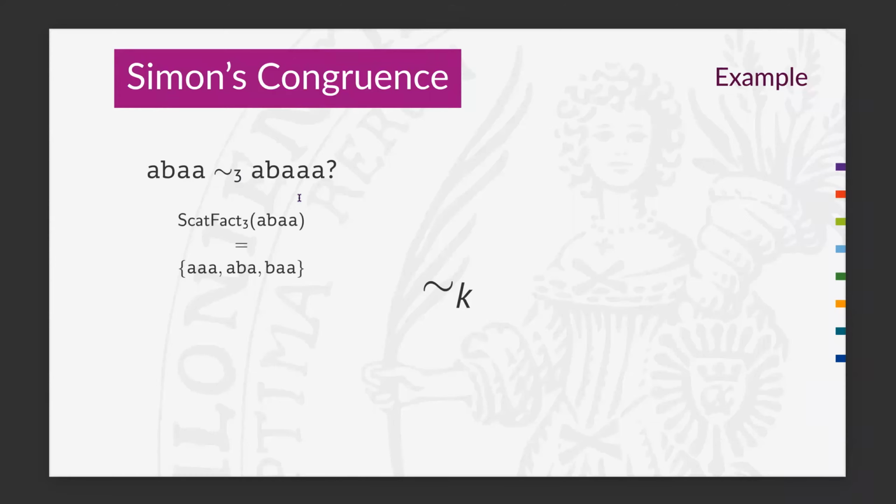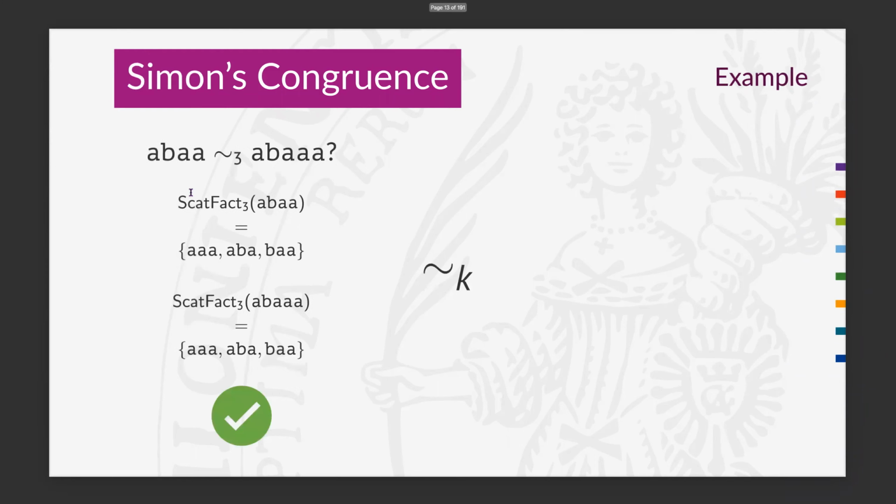We have the scattered factors AAA, ABA, and BAA in the left word, and we have them also in the right word. The scattered factors of length 2 in both are AB, BA, and AA. No BB in both, it's fine. And since they have the same letters, this is okay. And so they are Simon congruent modulo 3.